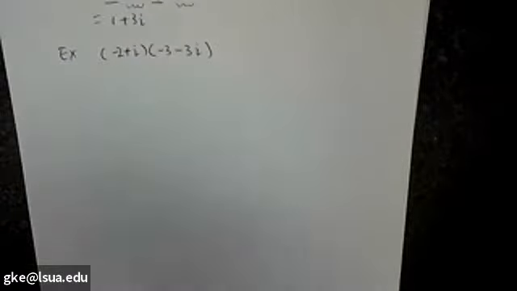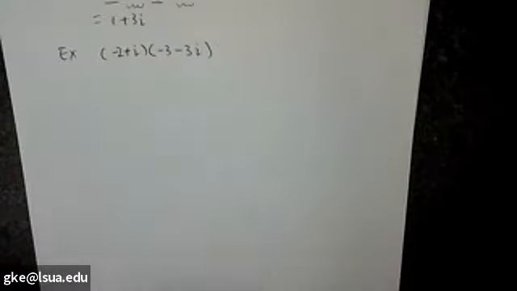You can just treat the i like x. If you treat the i like x, distribution, everything should be very straightforward. And the only difference between the polynomial multiplication and the complex multiplication is i squared equals -1. That's the only difference.